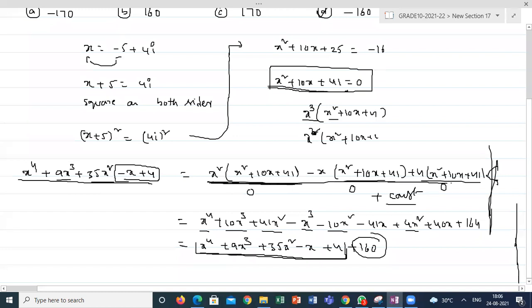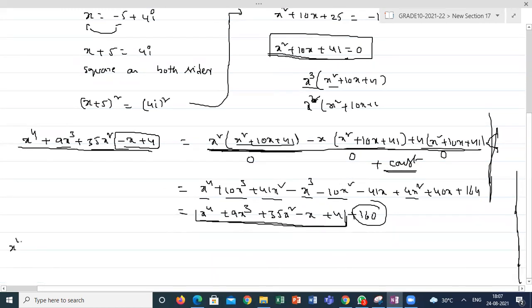This is equal to this much. Correct or not? Yes, sir. So I'm putting this whole expression as 0 now. This plus this is equal to. It's very simple to understand. See here.